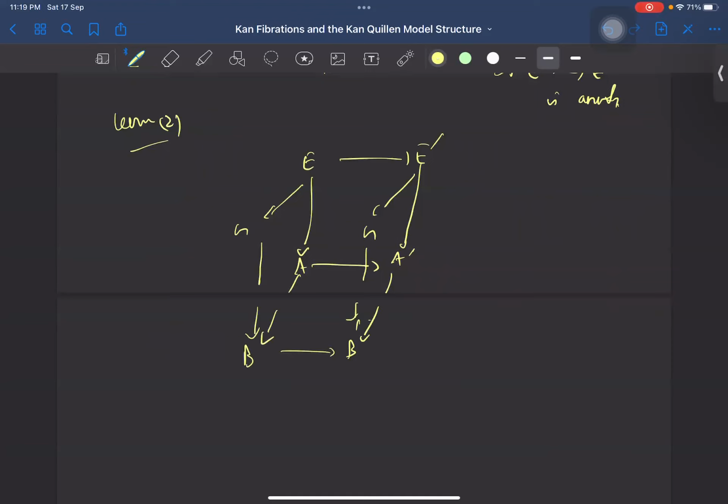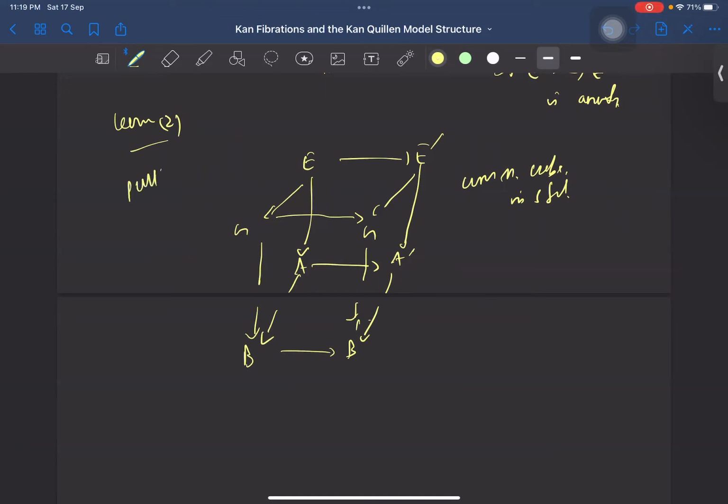So it is a commutative cube, of course in simplicial sets, such that the left hand and the back faces are pullbacks.